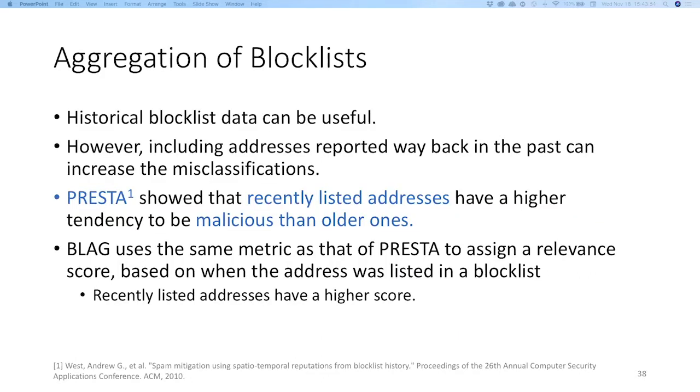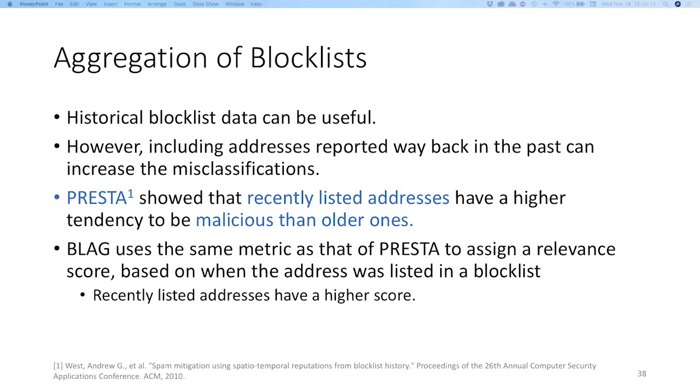We have seen earlier that historical blocklist data could actually be useful. However, what can happen is that if we were to include all these historically listed IP addresses, we could actually increase the misclassification. The main reason is that some of the IP addresses that were malicious in the past need not be malicious at the current time.